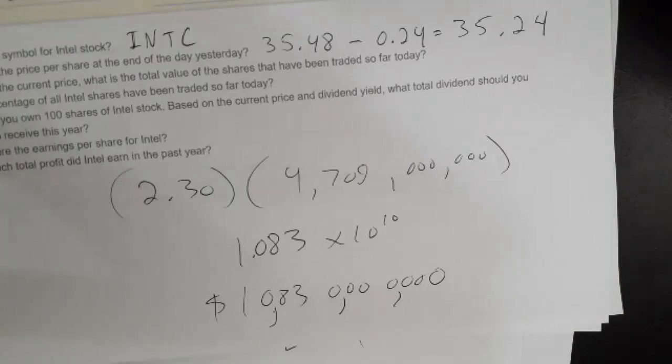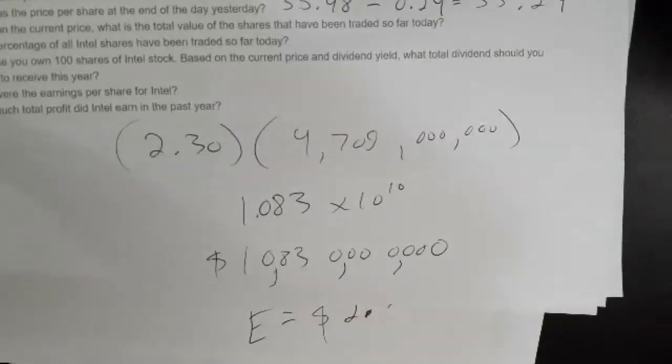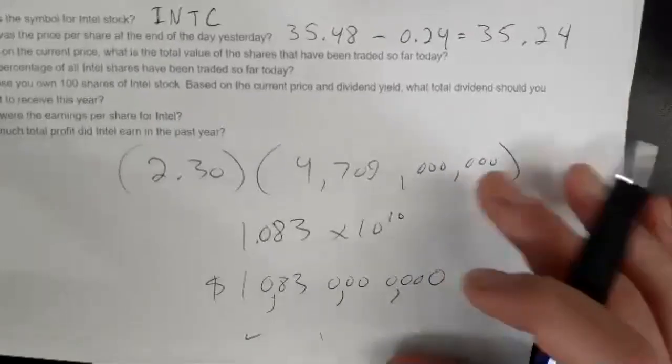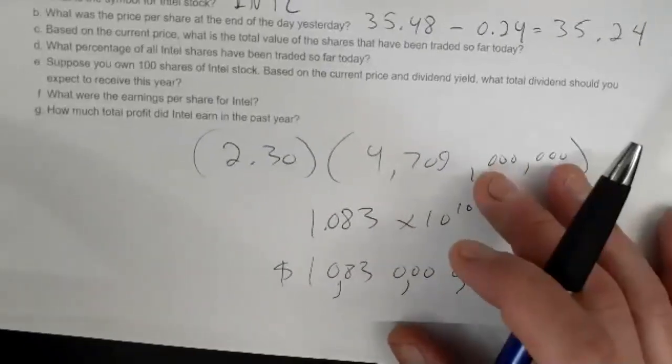Yeah, the book said 10.85 billion. So there we go. Close enough. I don't know where they're getting 10.85. That's a little rounding up. But it's around 10 billion, right? 10 billion, 10.8 billion.